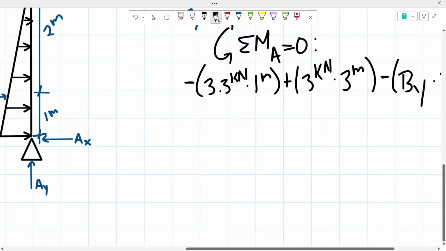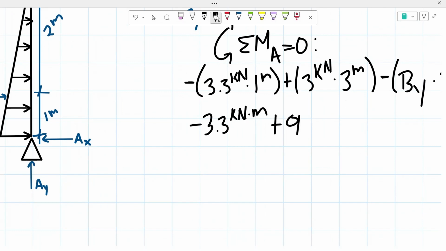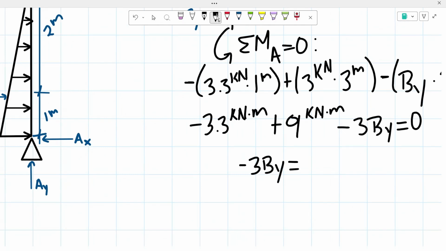So simplifying this down, we have negative 3.3 kilonewton meters plus 9 kilonewton meters minus 3 B sub y. All of that has to equal 0.